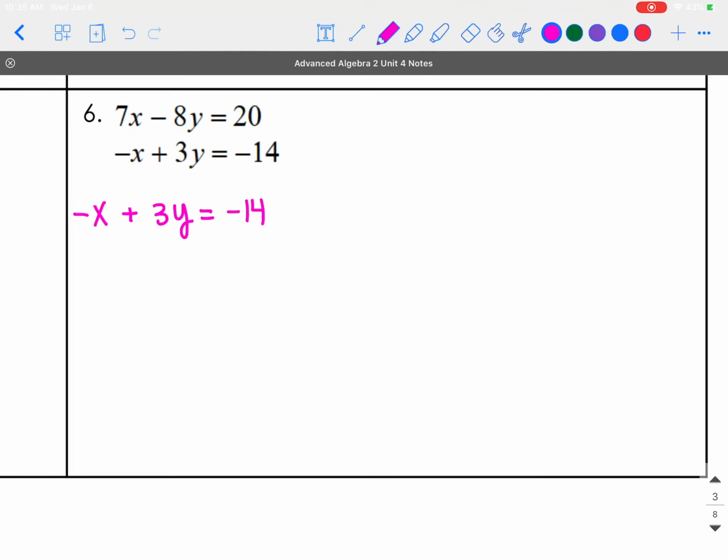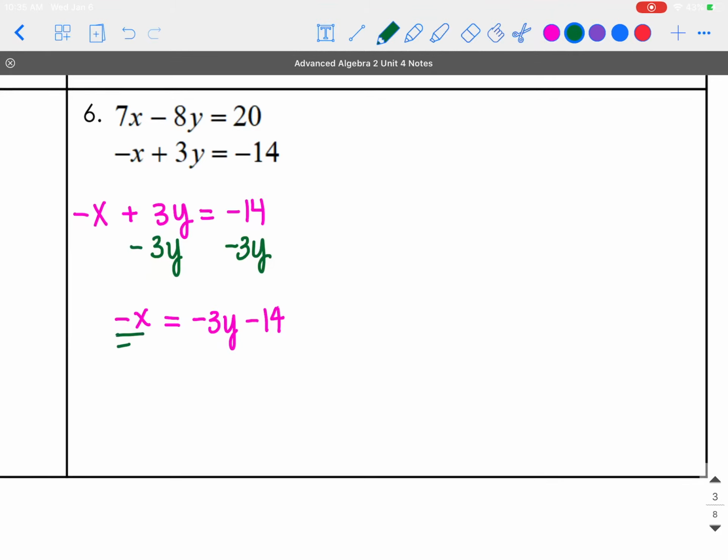So this time I'm going to be working a little different, so pay attention. The x will be easy. So if I subtract, this time I'm going to subtract 3y, we get negative x equals negative 3y minus 14.